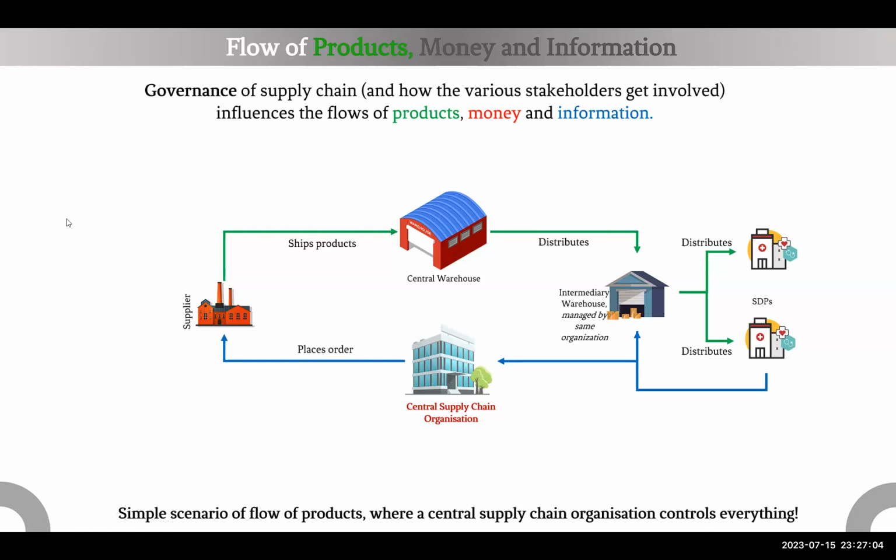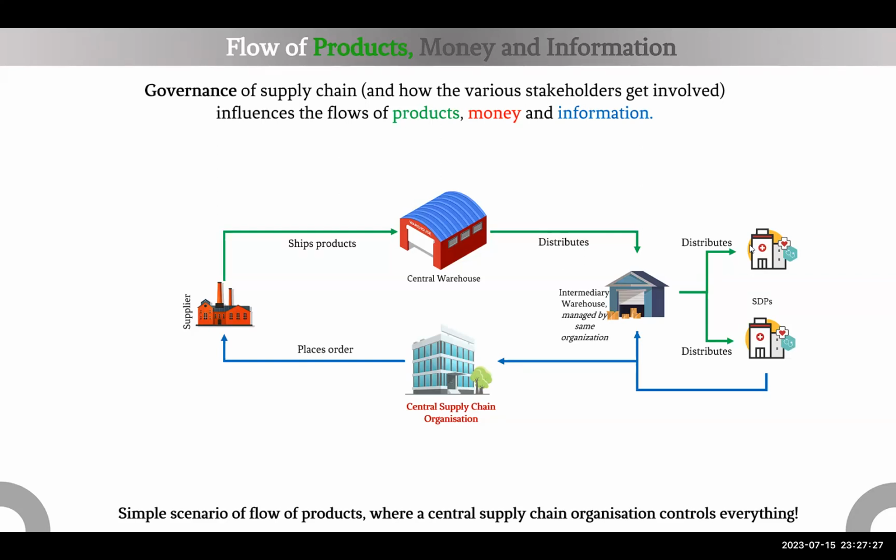For example, on this slide, you see an example of a centralized supply chain or centralized governance. There is a single central supply chain organization which works with probably a central warehouse, multiple intermediary warehouses, and then service delivery points.